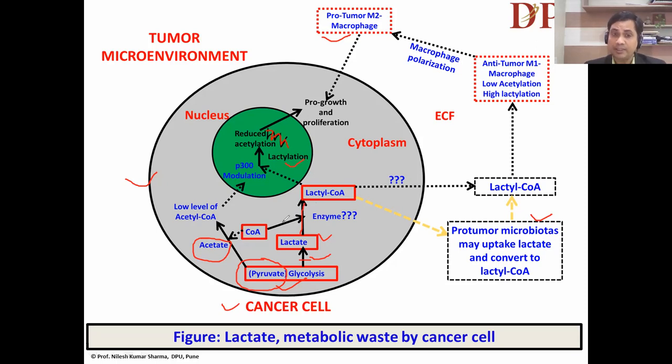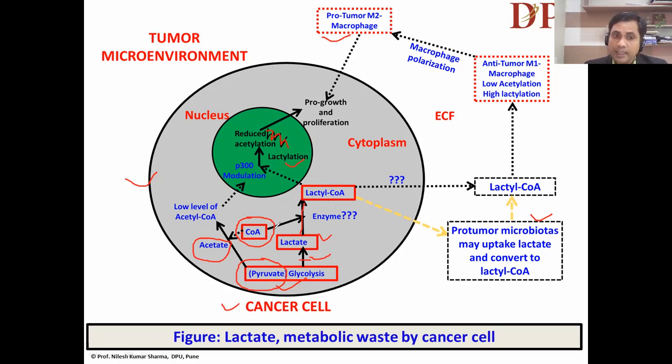Another very important point is, for the lactate conversion to the lactyl CoA, the required coenzyme A is a very, very famous cofactor for various metabolic enzymes and epigenetic enzymes, like in the epigenetic acetylation process. This CoA is also going to be utilized by the lactate for the conversion to the lactyl CoA.